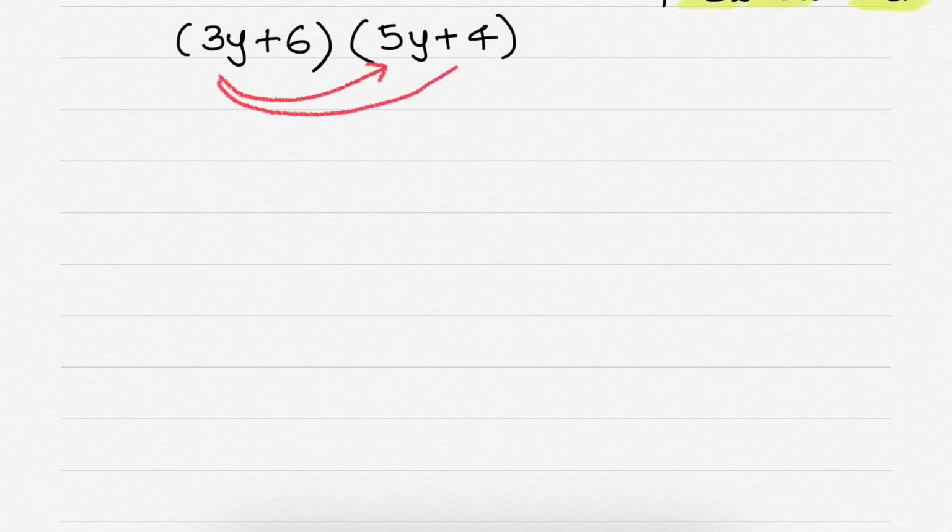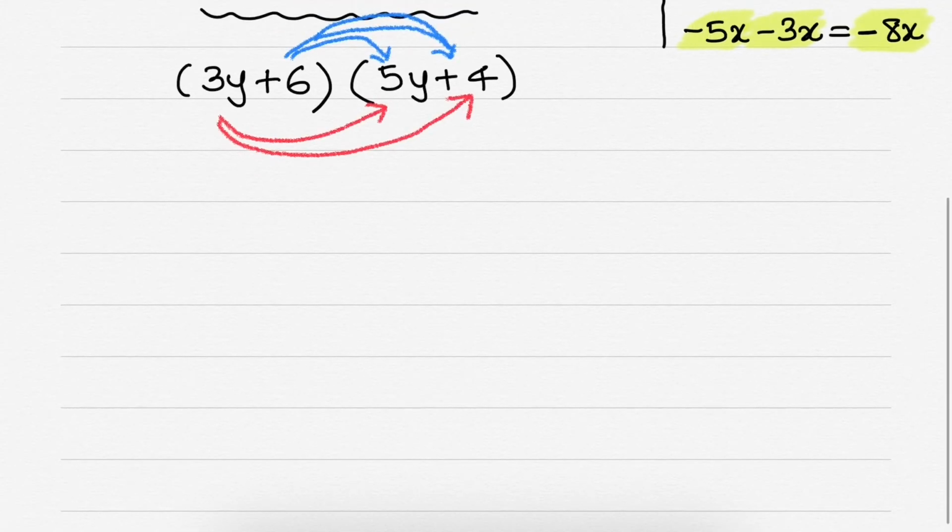This is my outer term. This is my inner term, and this is my last term. Alright, and now you do the multiplication here. So 3y multiplied by 5y is equal to 3 multiplied by 5 is 15, y multiplied by y is y square.